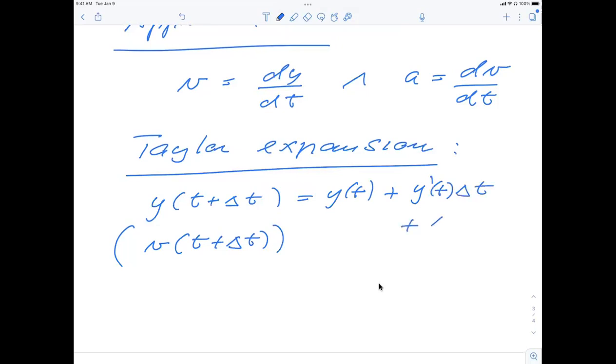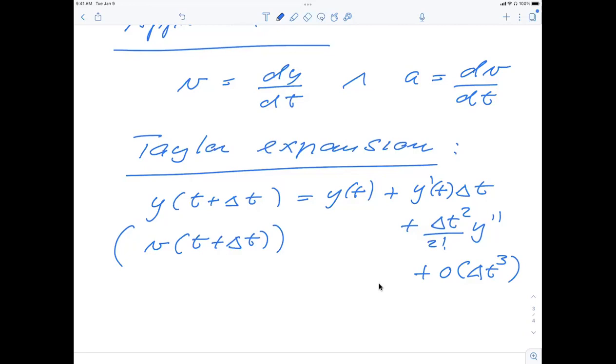And then we have a higher order term, which is proportional to the second derivative, y second derivative. And then we have the higher derivatives, which are proportional with this time step cubed. Now, the simplest method we have is Euler's method.